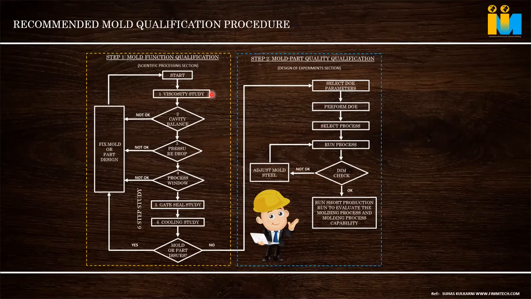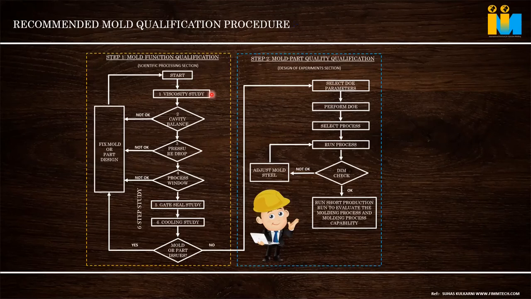If I have a better process window, then any changes due to environmental conditions, or changes in the machine, will not matter. Raw material is a polymer, and there will be some minor change in the MFI and flowability of the raw material. MFI is always given as a range, like 8 to 10, 8 to 12, or 15 to 20.